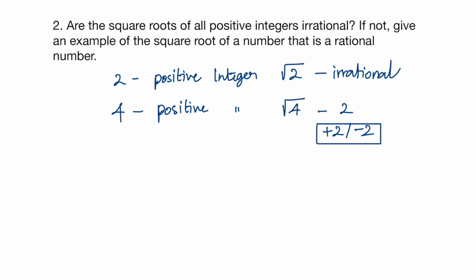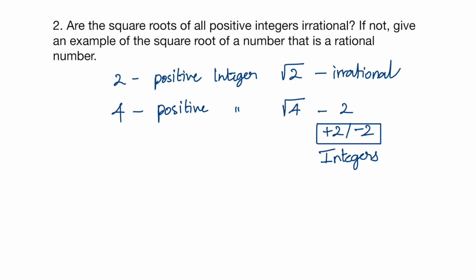In either case, both are integers. Both plus 2 and minus 2 are integers. These are not irrational numbers, these are rational numbers. Integers come under rational numbers. So the square root of a positive integer is not always irrational, and 4 is a very good example to display that.